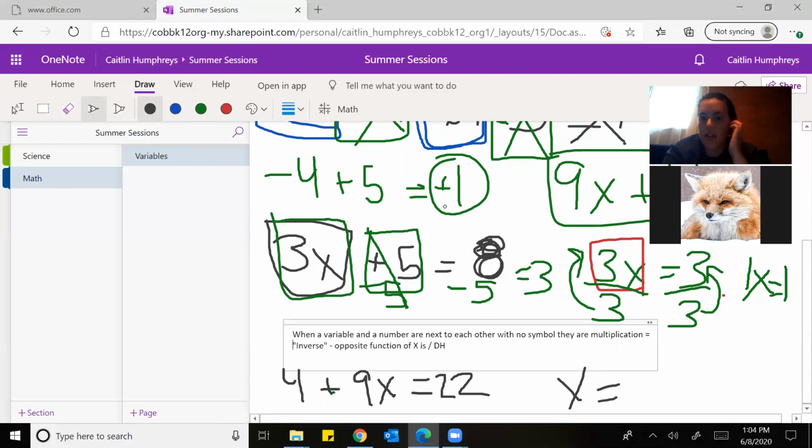I'm just going to keep you private there and then mark those in the comments. 4 plus 9x equals 22. What does x equal? About 30 more seconds. Take your time. You guys are the only ones here. Wait for a chat notification.